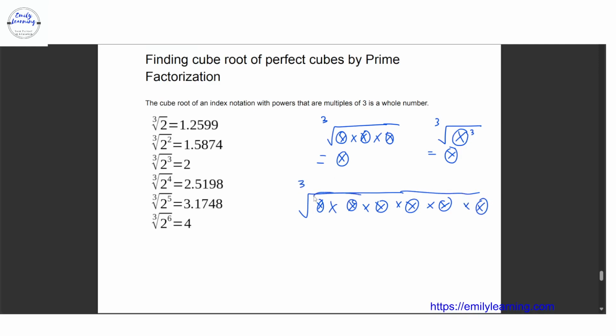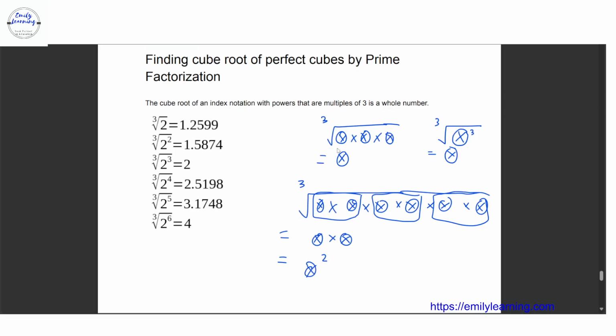Do you agree I can split this into groups of 3? Power 6 can be split into groups of 3. Cube root is basically finding a number which when multiplied by itself 3 times gives that number. So when I cube root 6 of these multiplied together, I get 2 of them multiplied together. In other words, it's equal to the circle to the power of 2.